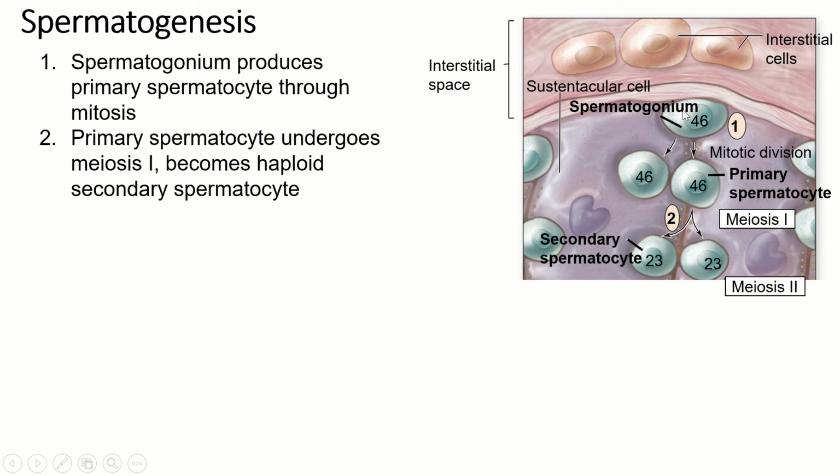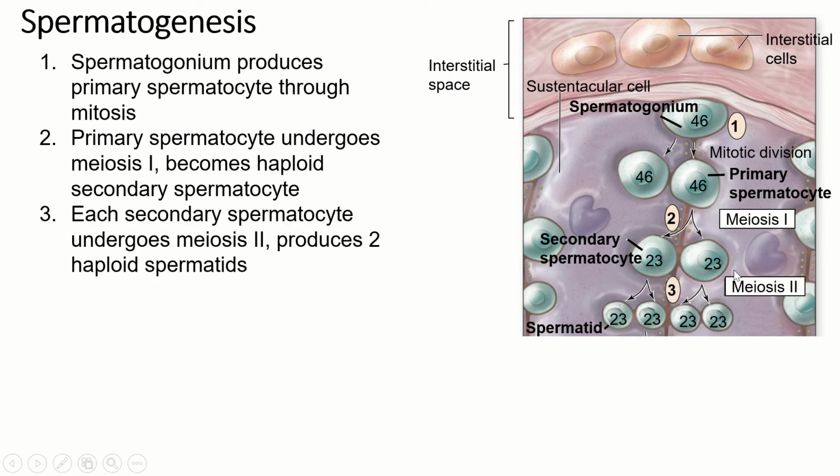So the spermatogonium did mitosis, creates copies of itself. Those are primary spermatocytes. Those spermatocytes are then going to go through meiosis. The first division of meiosis, meiosis 1, they're going to divide into two, separate the chromosomes, the pairs of chromosomes, creating secondary spermatocytes, two secondary spermatocytes.